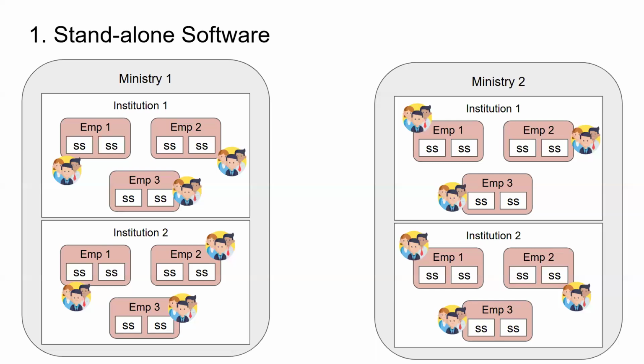They may have SS, meaning standalone software, in their computers. Therefore, if someone wants to get a service from these employees, normally they should come to these computers, or otherwise they can send an email, etc. But we can consider that this standalone software does not support sharing. Is it clear? Now you will see standalone software in a real world context.